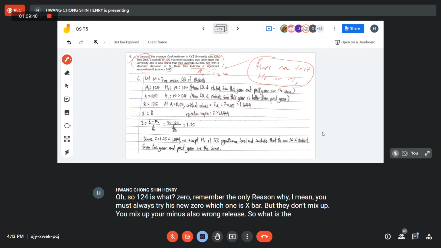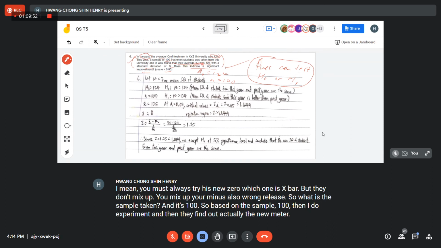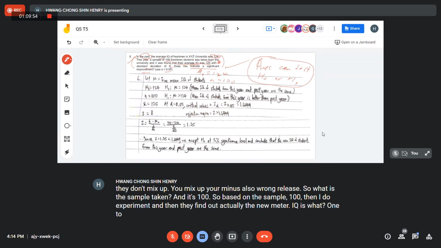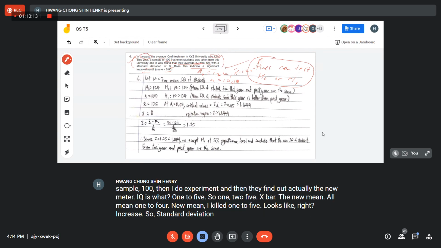So what is the sample taken? N is 100. Based on the sample of 100, they do the experiment and find out the new mean IQ is 125. So 125 is X bar, the new mean; old mean 124, new mean 125. Looks better, right? Increased already. The standard deviation is 8.